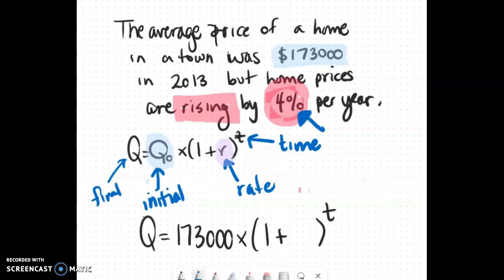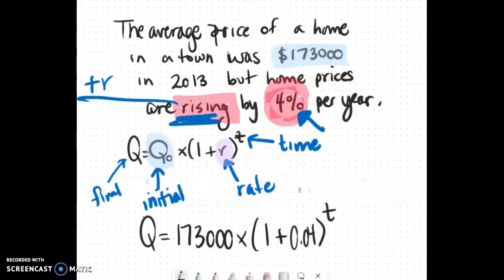Now it also says in the problem that you're going to use a positive R for growth, and then you'll change it to negative R, so this will be 1 minus if it was decreasing. But in this case, it's rising, so you use a positive R. If it had said decreasing by 4%, you would say minus 4%. But in this case, rising. So we're going to say plus 4%, but I don't use it in percent form. I change it to a decimal. So I drop the percent sign and move the decimal 2 places to the left.